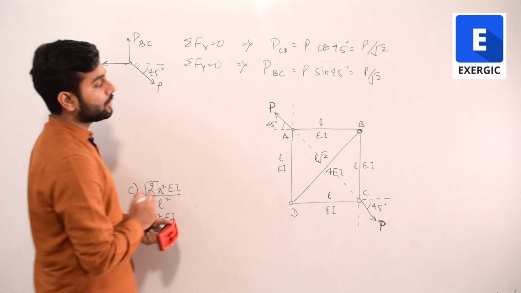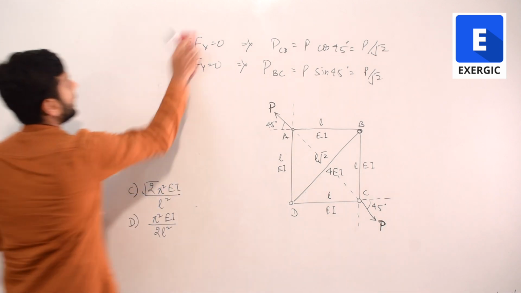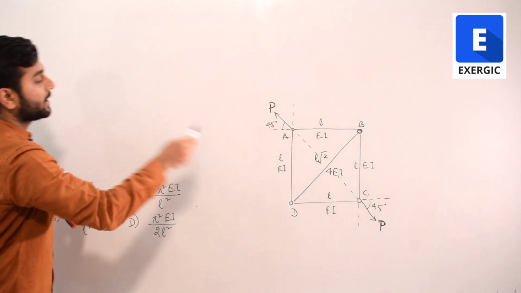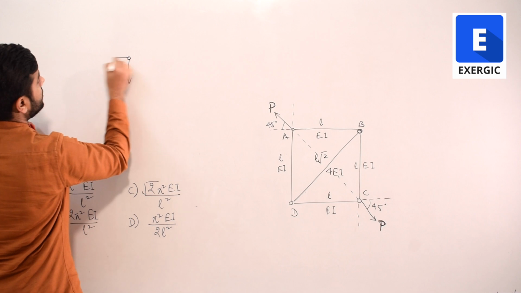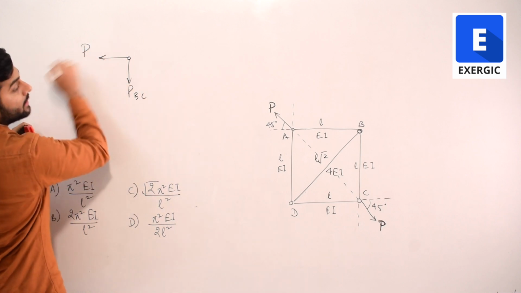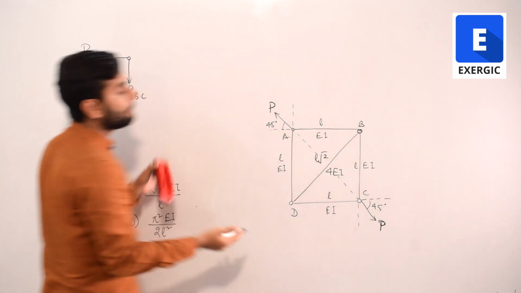Now, coming to find out the value of load acting in BD, what we can do? We need to draw the free body diagram of joint B. Now, this is under tension, PBC, and PAB. And definitely PBD is under compression.